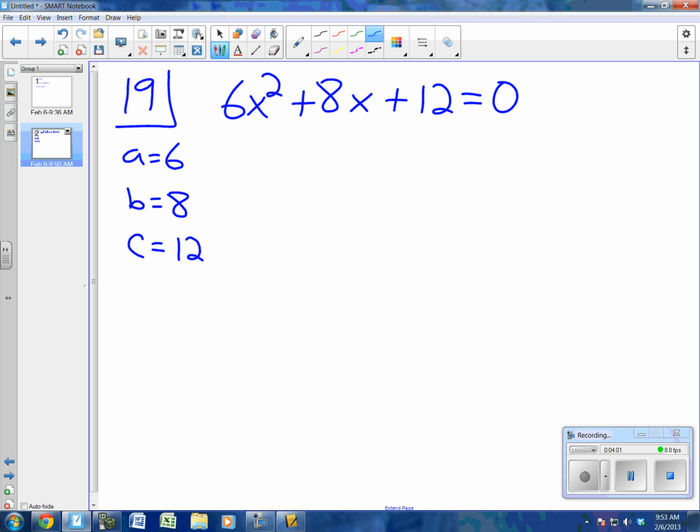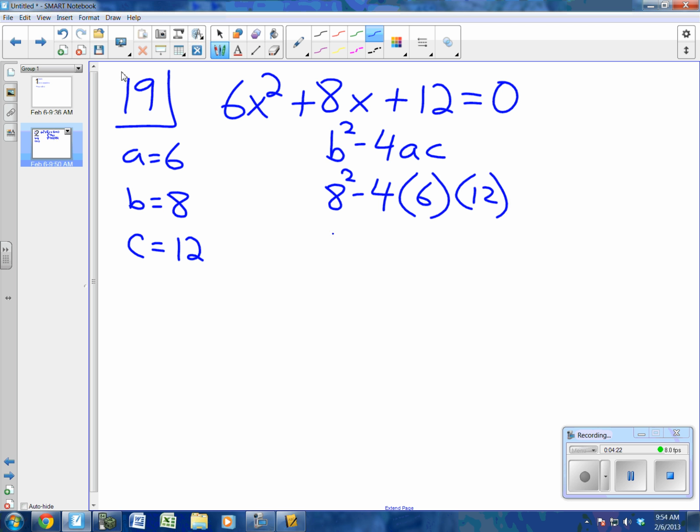Okay. Now, you guys, the first part I always like to find is the discriminant, the b squared minus 4ac part. Okay, and what is b squared? 8 squared. Minus 4 times a, which is 6, times c, which is 12.